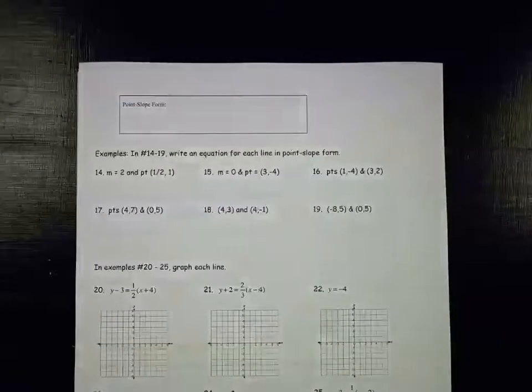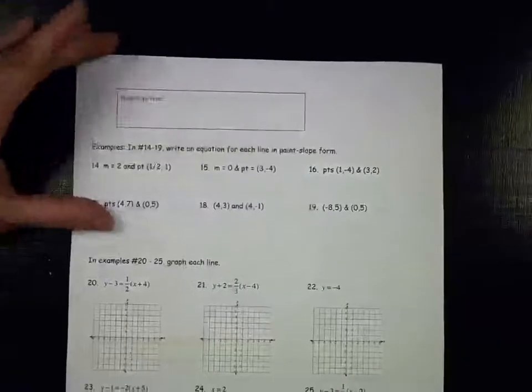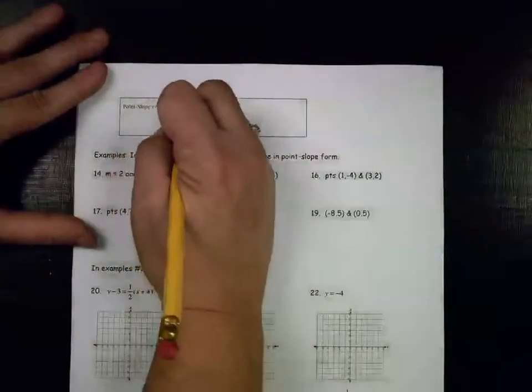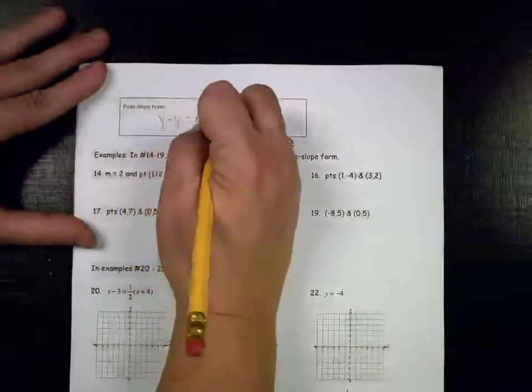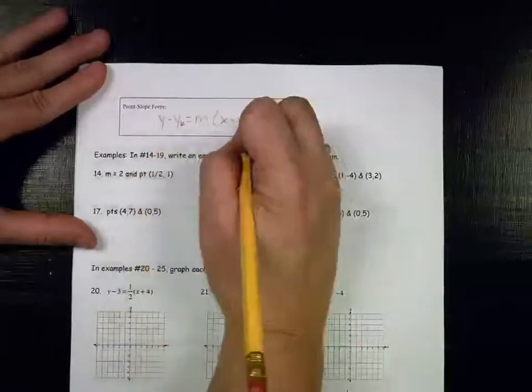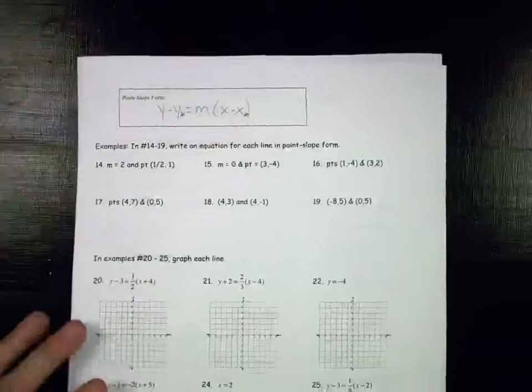Point slope form is new for us, and point slope form is y minus y equals m times x minus x, and I like to put stars by these second ones.